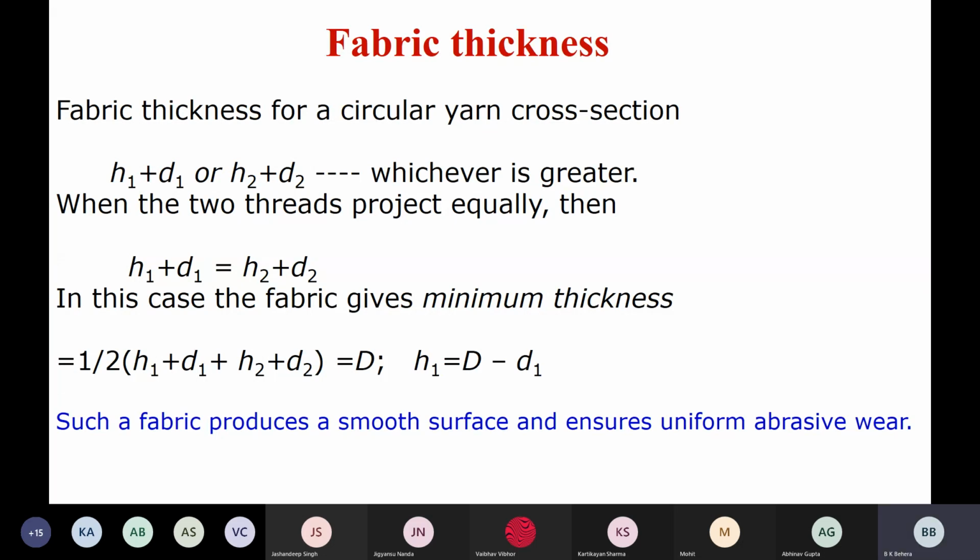And if your cross section of the yarn is a circle, and if the fabric is made in such a manner that warp is touching weft at one point, then definitely the thickness of the fabric will be d1 plus d2, because d1 is the diameter of warp, d2 is the diameter of weft. In practice, it does not happen because of many reasons. Sometimes the warp does not touch exactly the weft.